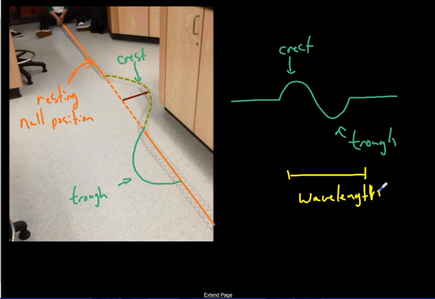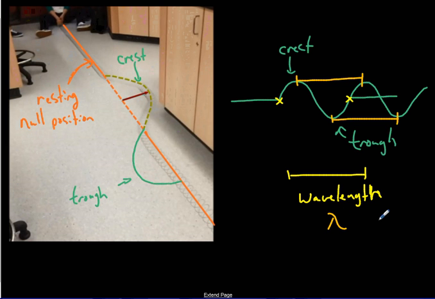And so the wavelength is from the start to the finish of the wave, okay? If we were to extend this into what's called a wave train, in other words, there's a whole bunch of waves coming along, you can also measure your wavelength from crest to crest or from trough to trough, and they will always be the same length. Does that make sense?